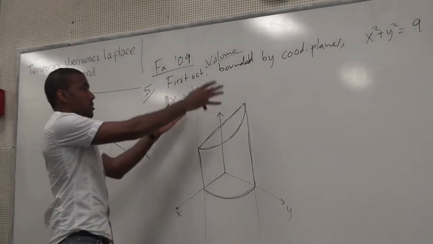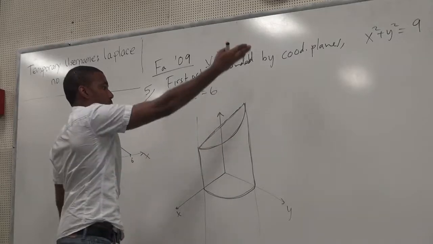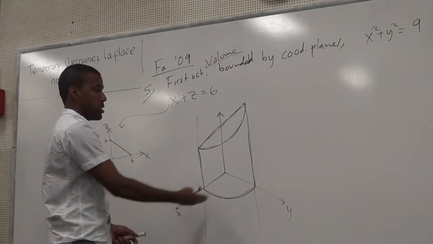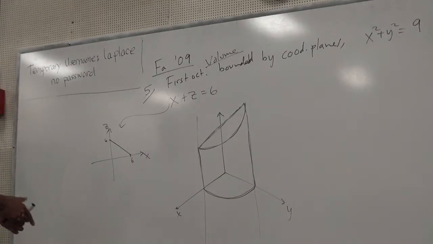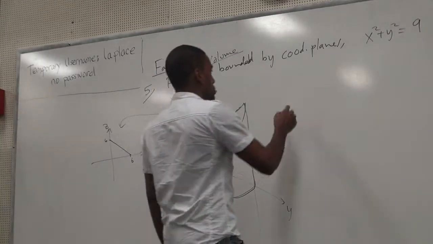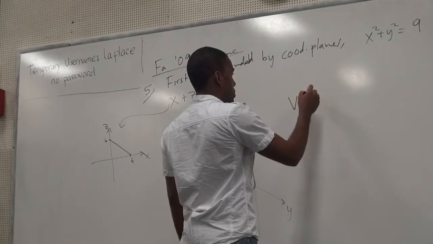It's the part of the cylinder that's in the first octant, but it's being sliced here and sliced here. So I want to find the volume. There are several ways you can do it.